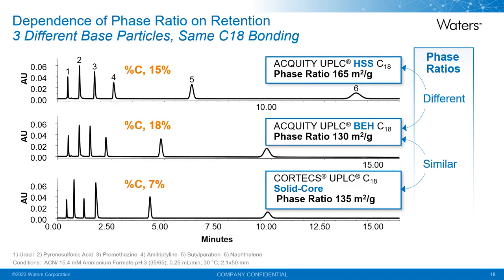If we look at the percent carbons, you can see that the 15% at the top, 18% in the middle, 7% at the bottom, there's really no correlation that can be drawn with the percent carbon on these columns.